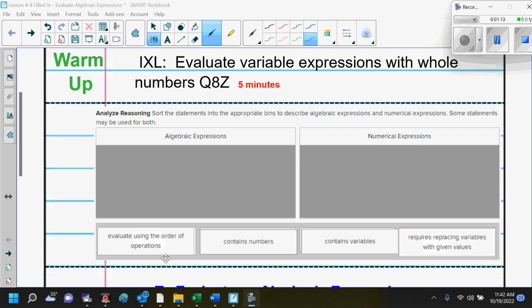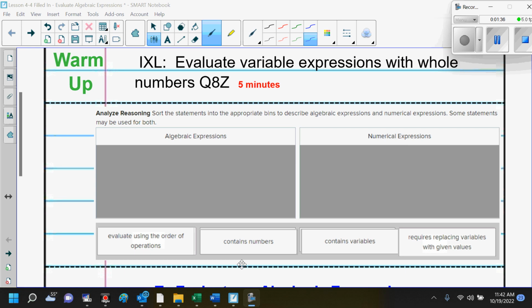Down below, we have evaluate using order of operations. We have contains numbers. We have contains variables. And we have requires replacing variables with given values. It also says up here, some statements may be used for both.